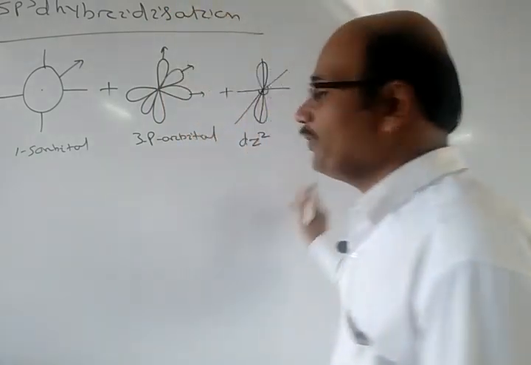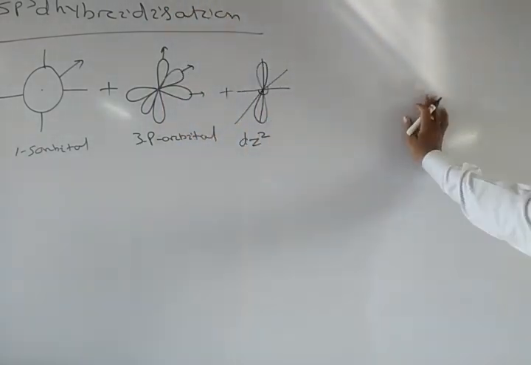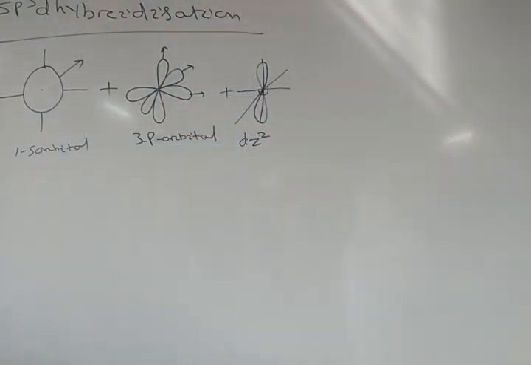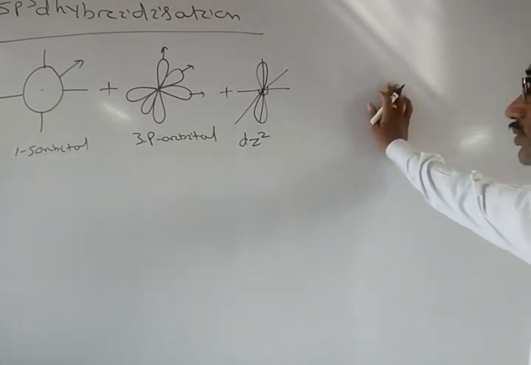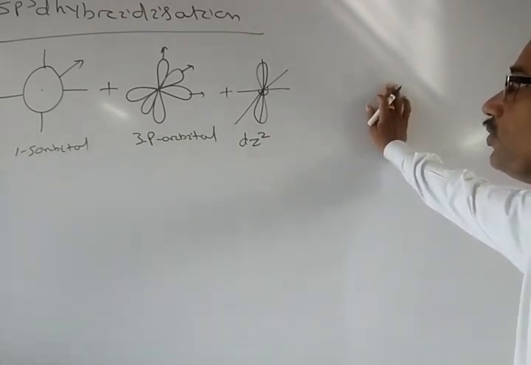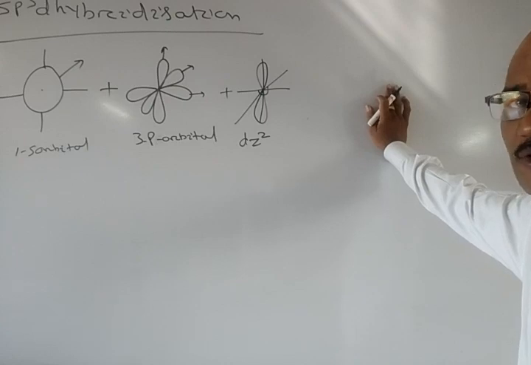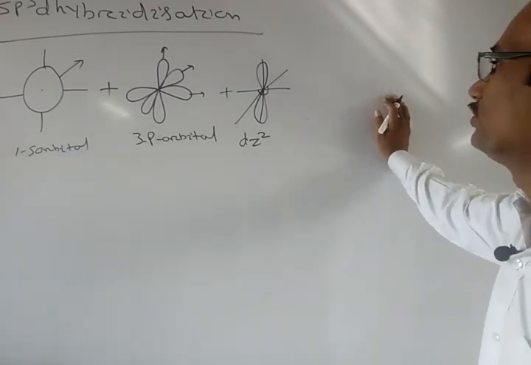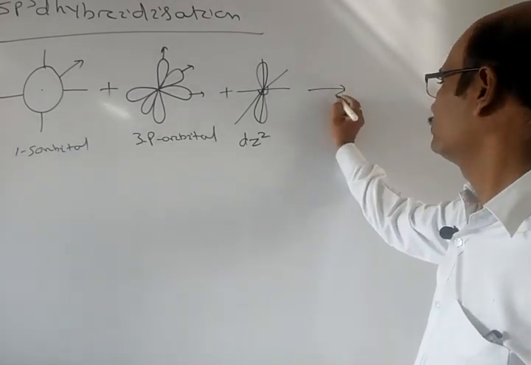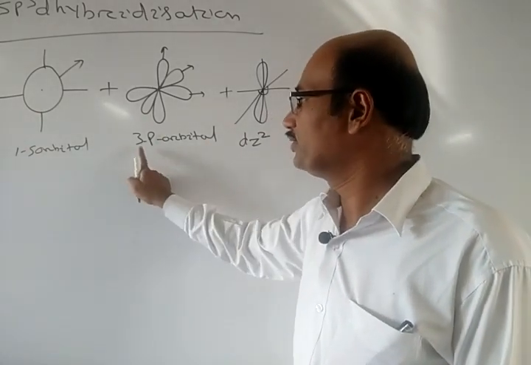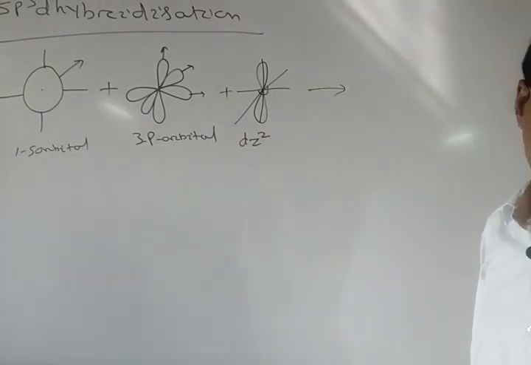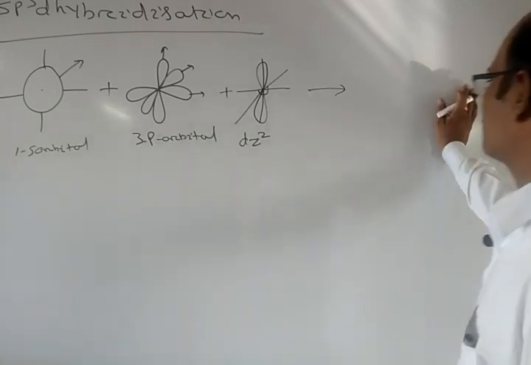One s, three p and one d, the dz2 orbital, will intermix to give 1, 2, 3, 4, 5 sp3d hybrid orbitals.